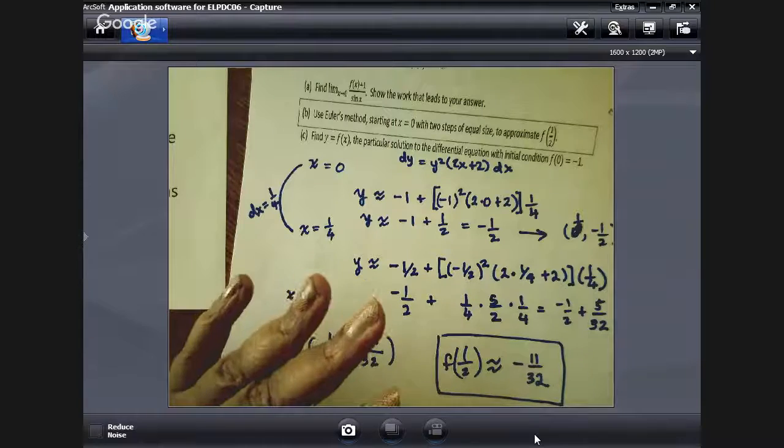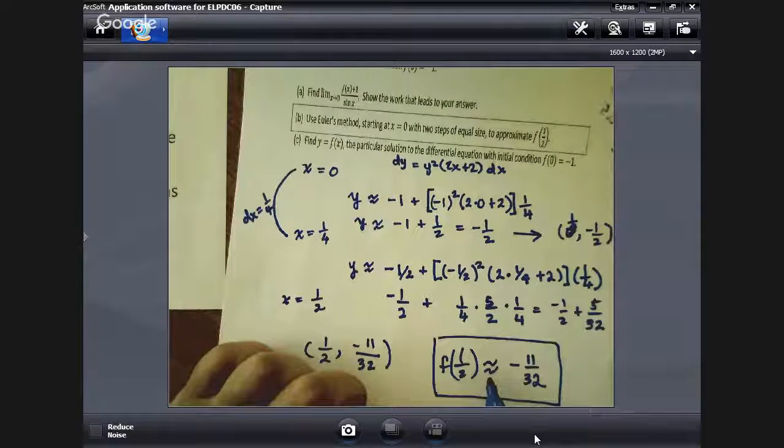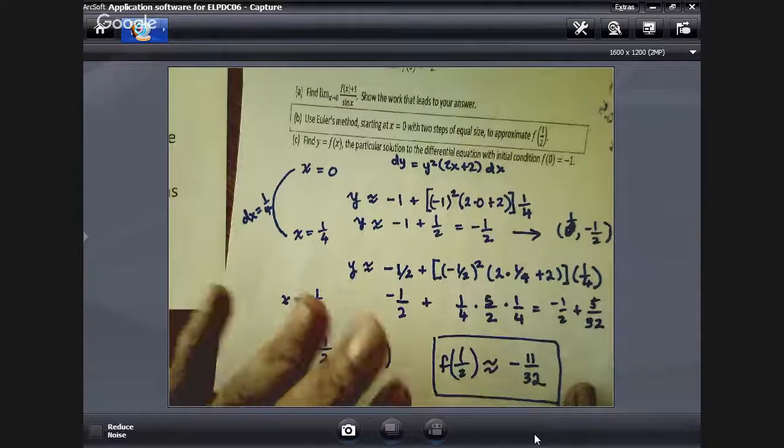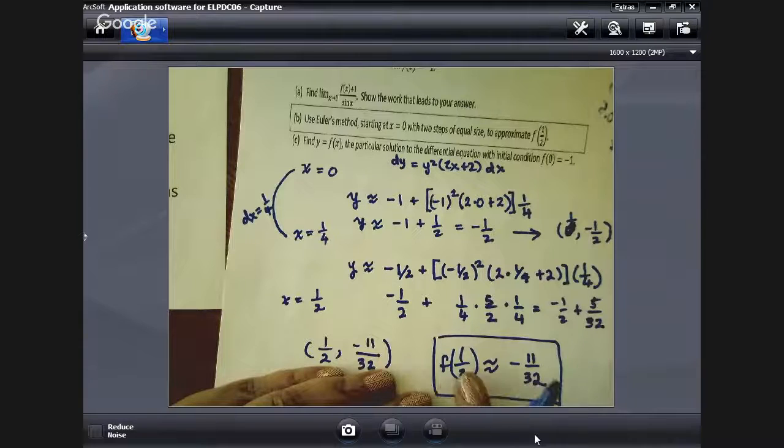The other thing I want to caution you about is here, right? Notice that I wrote approximately equal to. Now, if I had just said negative 1/2 plus 5 over 32 was my answer and boxed that or underlined it, that would be fine. But if I say that f of 1/2 is equal to negative 11 over 32, I've made a mistake, right?